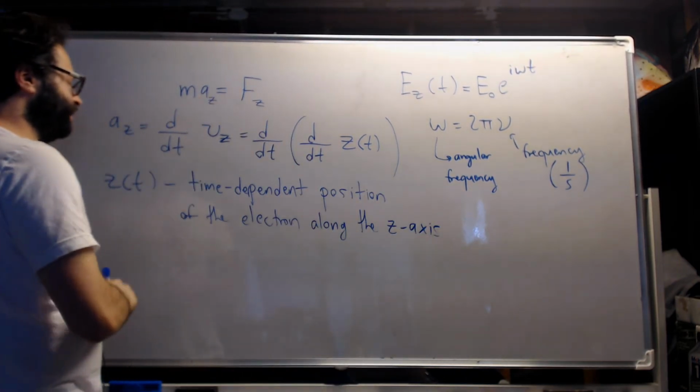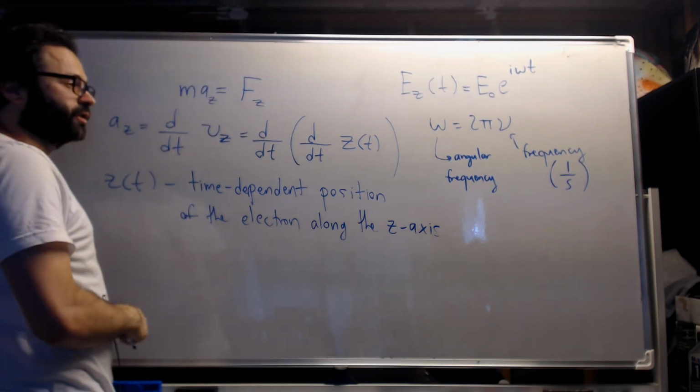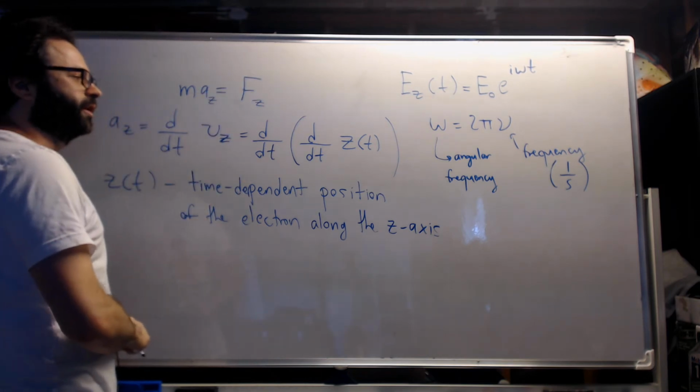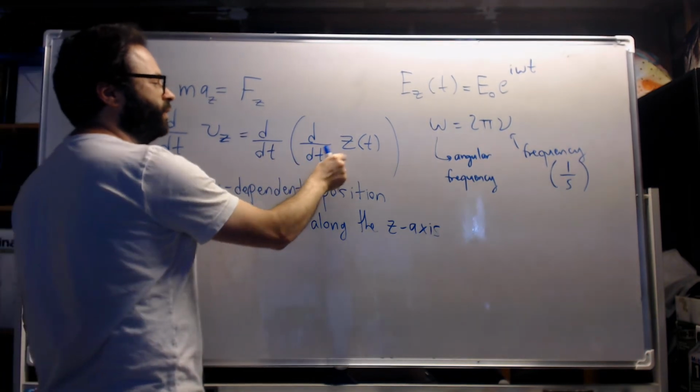So that's what z of t is. It is a function of time because the electron is going to be oscillating up and down. We already discussed this qualitatively. Because the electromagnetic wave, its electric field is oscillating up and down. So the acceleration is the derivative of the position.